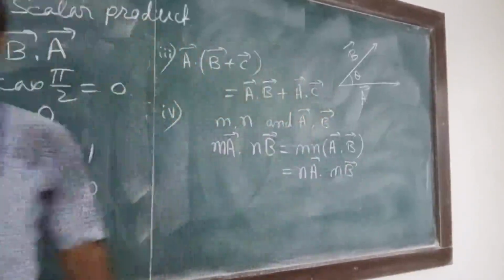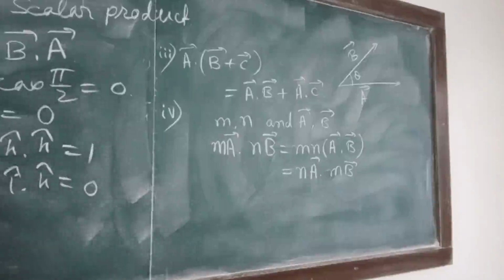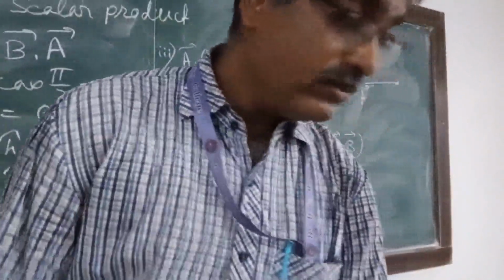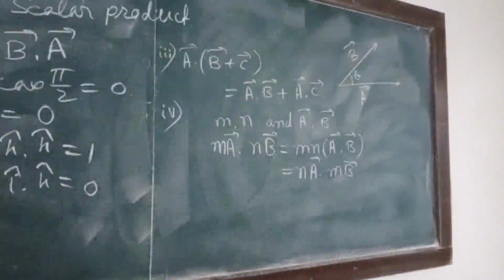This is called the associative property. So these are the properties of the scalar product.